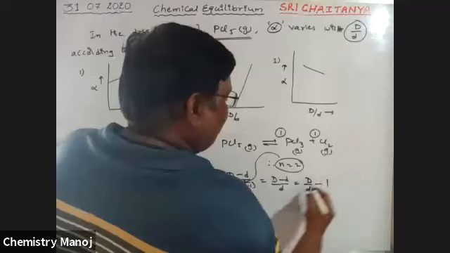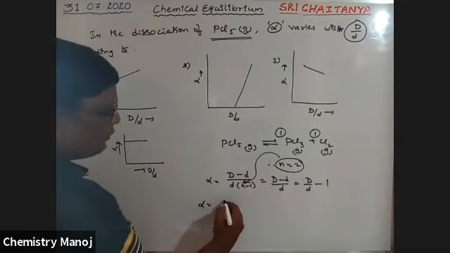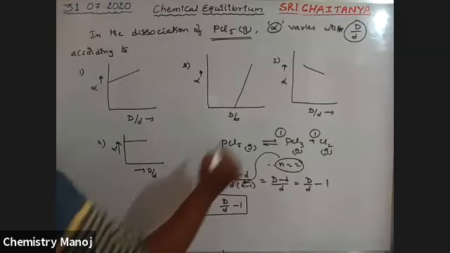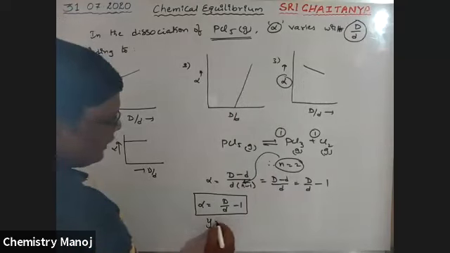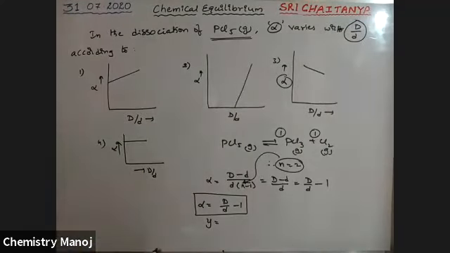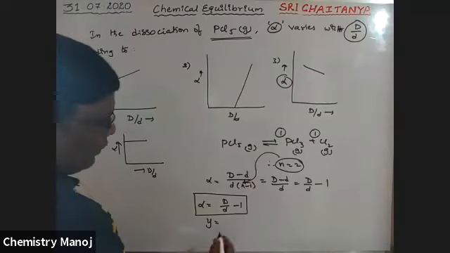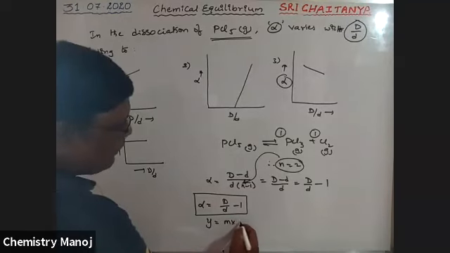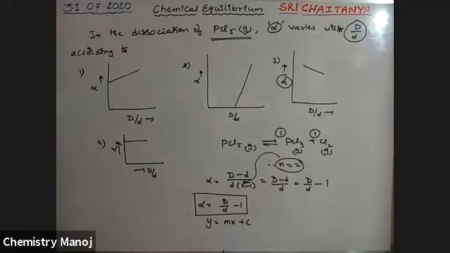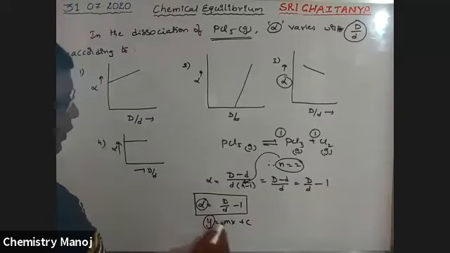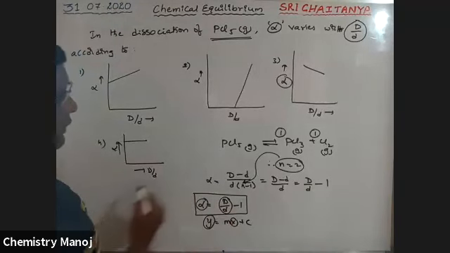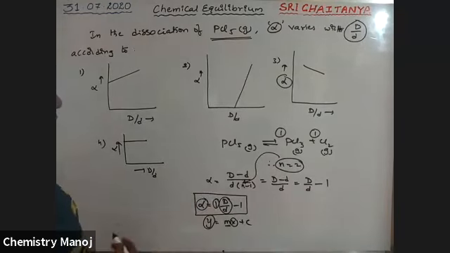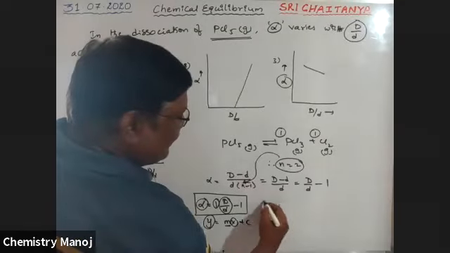On the y-axis alpha, on the x-axis capital D by small d, compare with y equals mx plus c. So m is the slope, and here the slope is equal to 1.